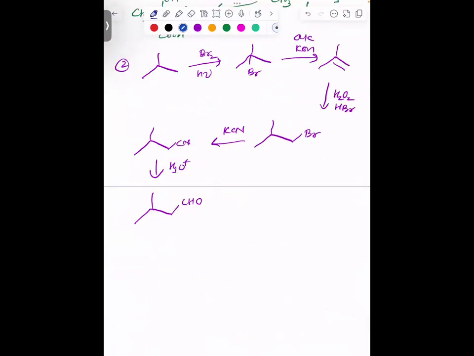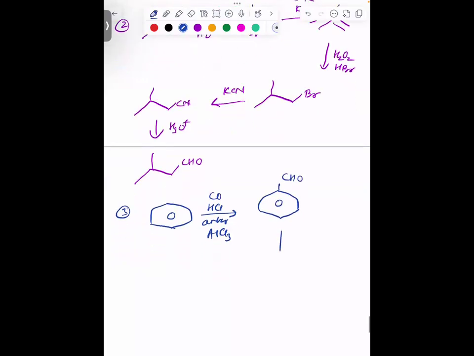So the last one is, we convert benzene to benzaldehyde by using the Gattermann-Koch reaction.